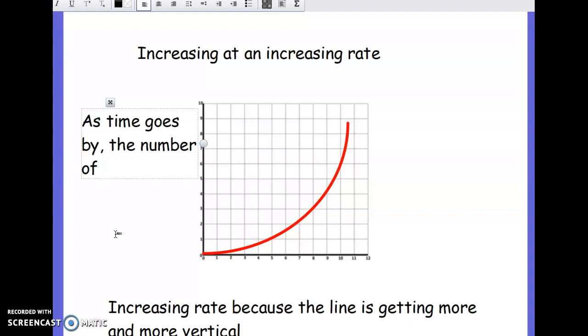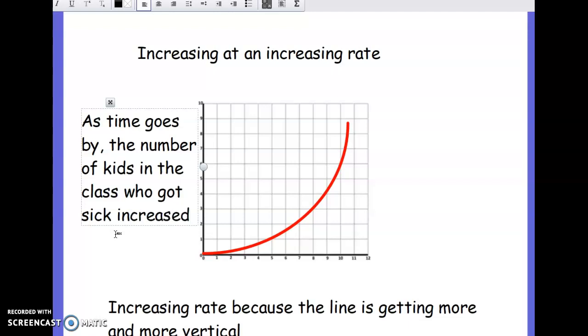The number of kids in the class who got sick increased. As time goes by, the number of kids in the class who got sick increases. Ooh, that is not a pleasant situation as we're currently in right now.